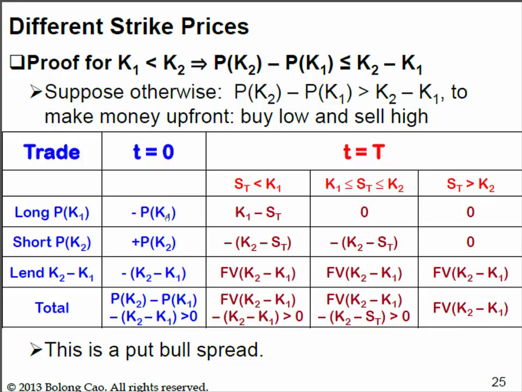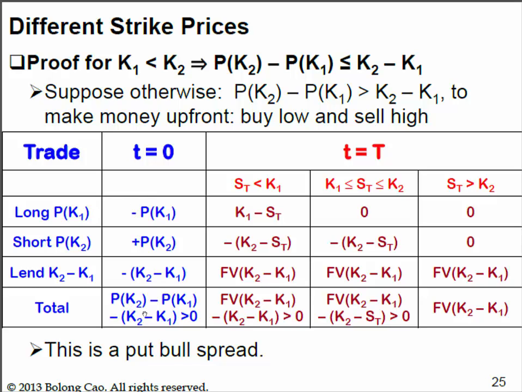To pay for the low strike put premium, that's the cash outflow, and then because we are selling the high strike put, we receive the premium. Lending out K2 minus K1 means this money is also going out. There's a negative sign before the difference between the strike prices, so it's called cash outflow.